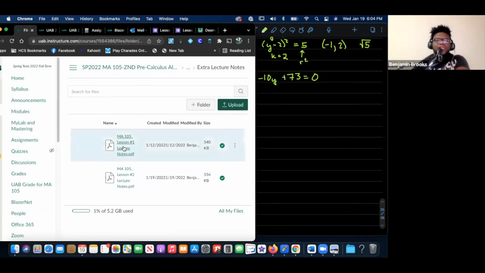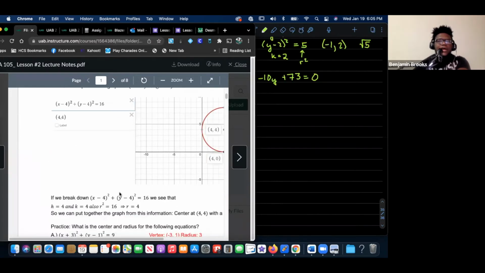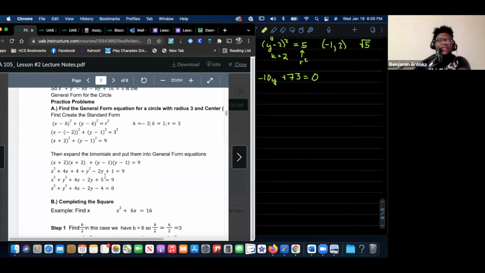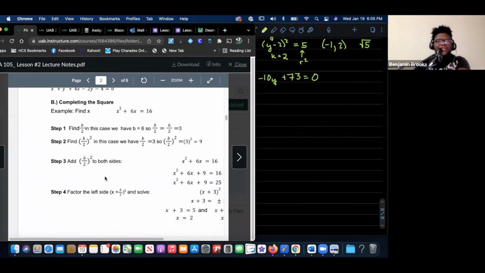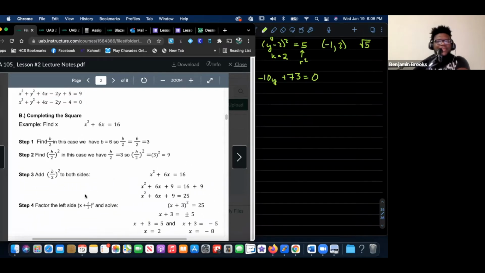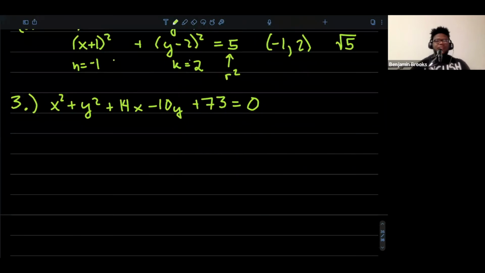Go to my personal lecture notes, and the one I put for lesson 2 has a much more thorough explanation of completing the square. So if you're freaked out by what I'm about to cover, don't be. I have a very step-by-step, succinct explanation of using completing the square. So just be aware of that. But I'm going to do it fast-ish in the name of time.